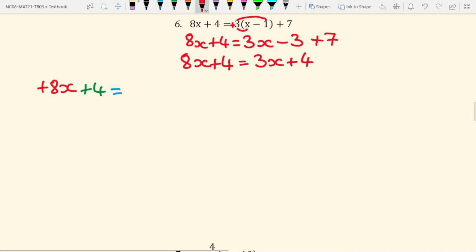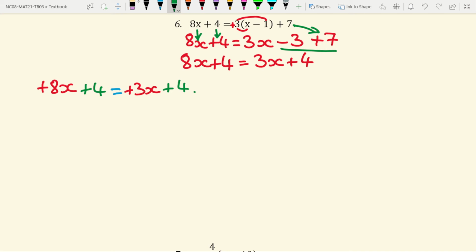Next one is plus 3x as it is, and plus 4. So 8x I wrote as it is, 4 was written as it is, 3 was multiplied with both the terms within the bracket. So 3 into x is 3x, and 3 ones are 3. So I have written minus 3 here. Plus 1 and plus 7 I have written as it is, same to same.